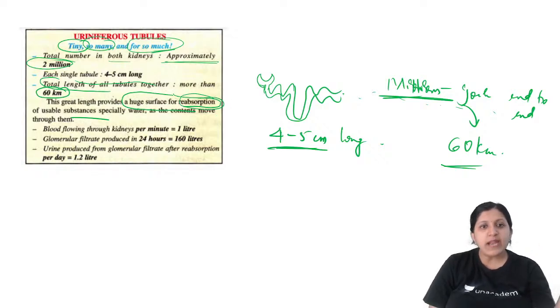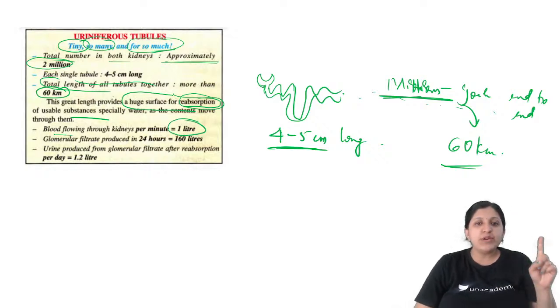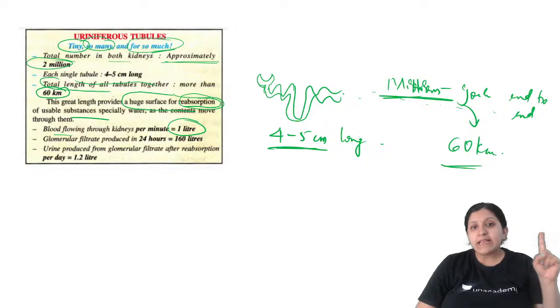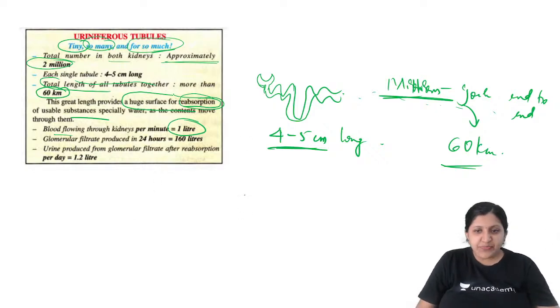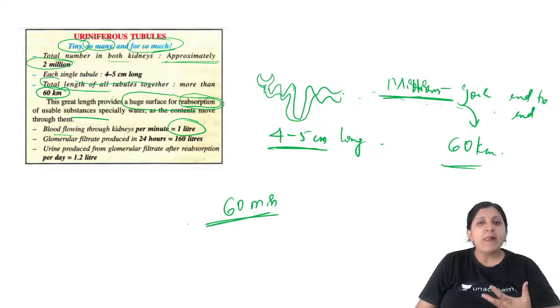The blood flowing through the kidney per minute is 1 liter. So about 1 liter of blood can flow through your kidney in 1 minute. Let's say in class, this YouTube class, I'm taking about 60 minutes.